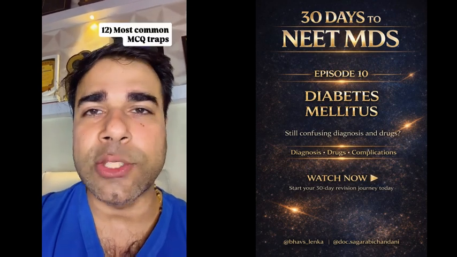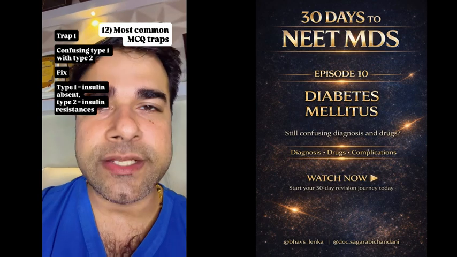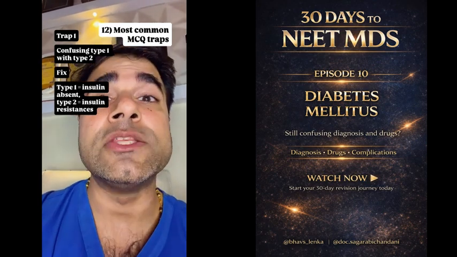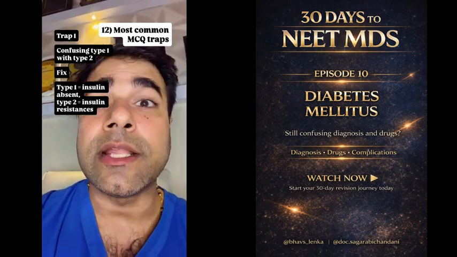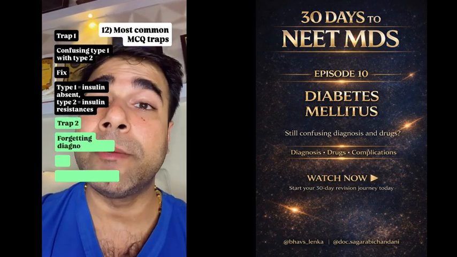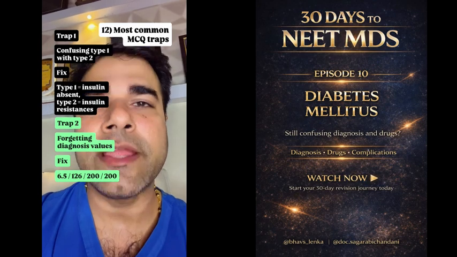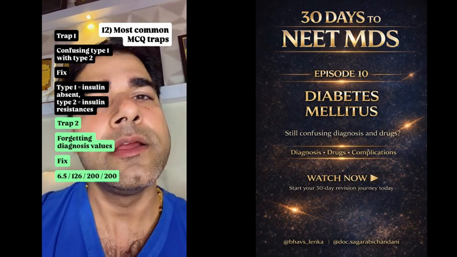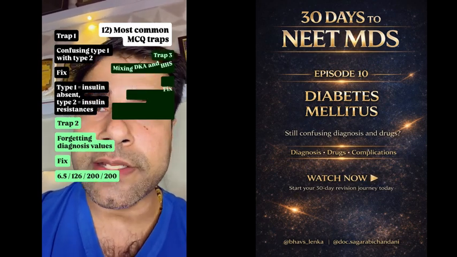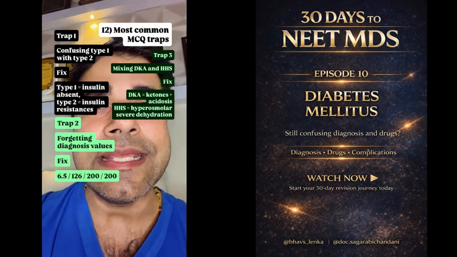Most common MCQ traps. Trap 1, confusing type 1 with type 2. Fix. Type 1, insulin is absent. Type 2, insulin resistant. Trap number 2, forgetting diagnosis value. Fix. 6.5, 126, 200, 200. Trap number 3, mixing DKA and HHS. Fix.